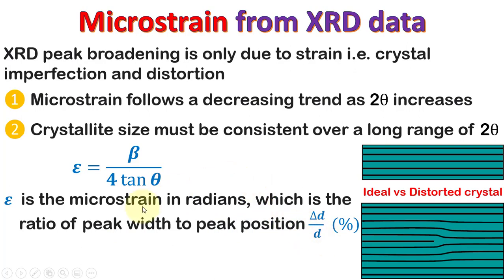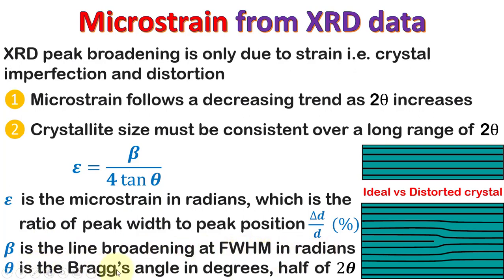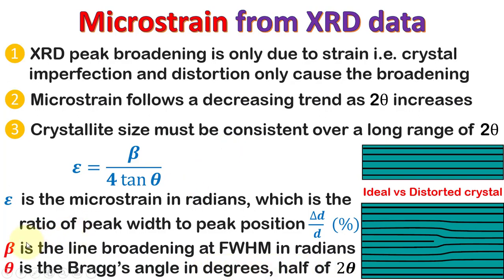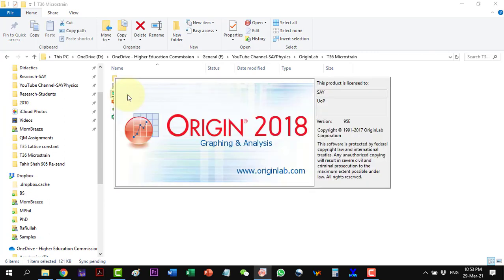Beta is the line broadening at FWHM in radians. Theta is the Bragg angle in degrees, which is half of 2 theta. From the XRD graph, we will take values of theta and will calculate the full width at half maximum, which is beta. To find the values of beta and theta, let me start with the Origin file.